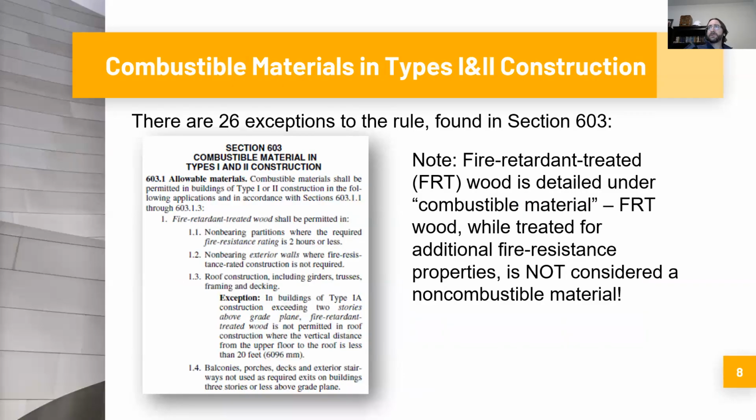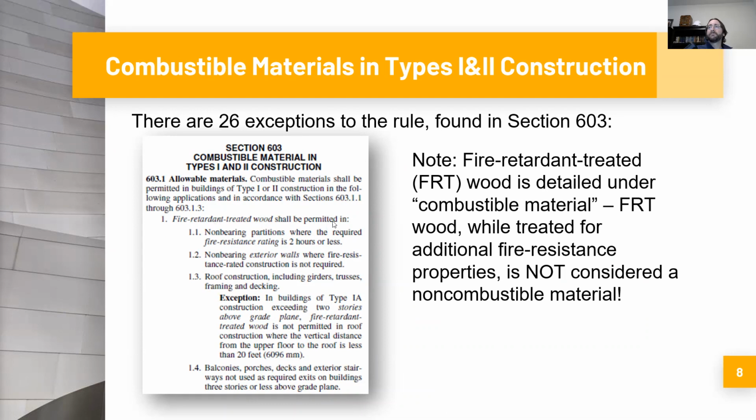So there are exceptions to the rule, 26 to be specific in section 603 that talk about combustible material in types 1 and 2 construction. And we're not going to go through all 26, but we're just going to touch on a few of them. And one thing that you'll notice is the very first exception is fire retardant treated wood.